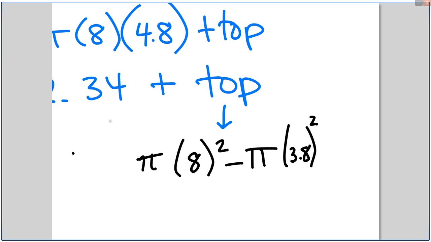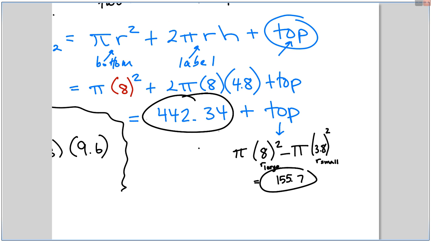This is the radius of the large circle. This is the radius of the small circle. So when you calculate this, you get 155.7 after rounding.